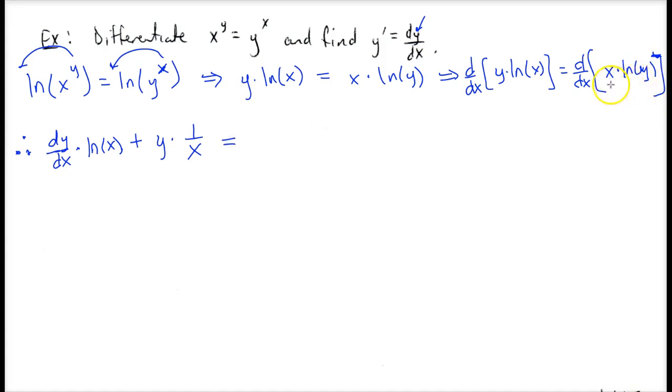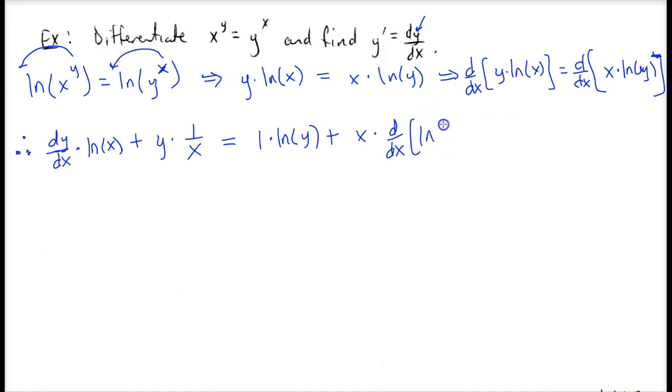We do the same kind of thing on the right side. We take the derivative of the first, which is x. So the derivative of x is just 1, times natural log of y, plus x times the derivative of natural log of y with respect to x, which will require that we use the chain rule.